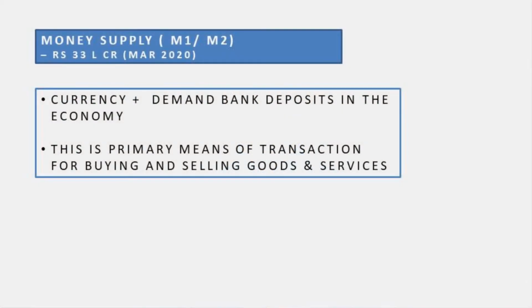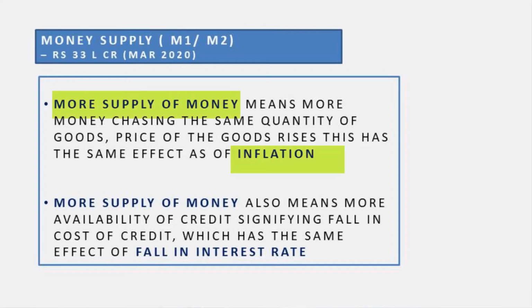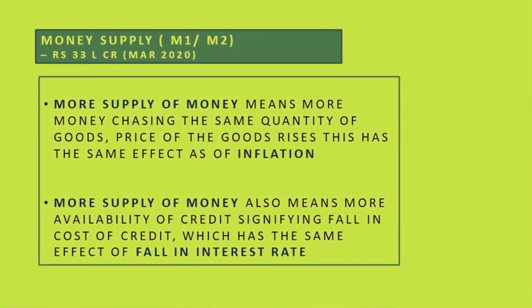Money supply. There are many ways in which money supply is measured, but normally we call money supply as M1, M2. This refers to the sum of all the currency that is available in the economy plus the sum of the demand deposits with the bank. More is the money supply means more money is chasing the same amount of goods, effectively driving up the prices and so giving rise to inflation.